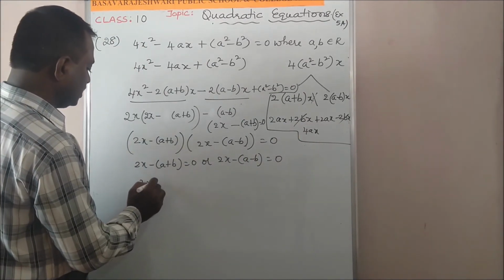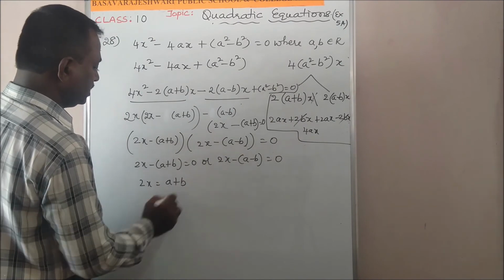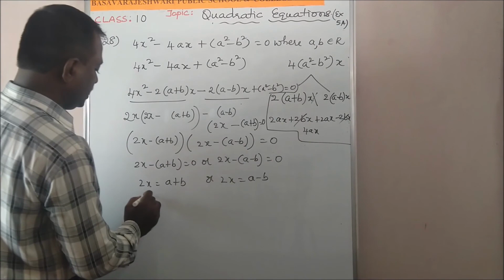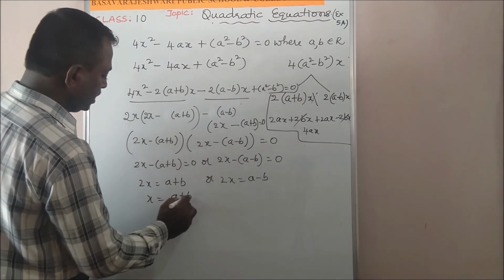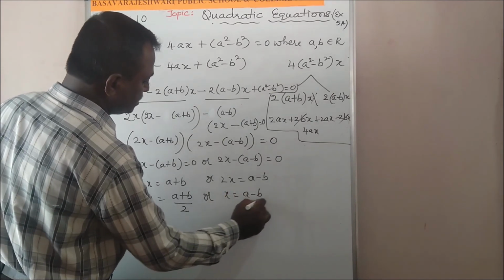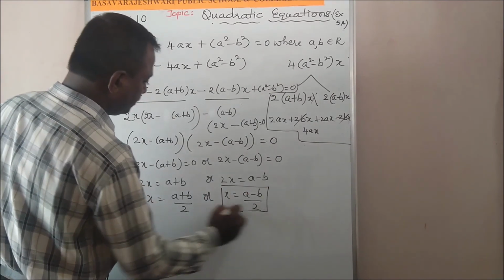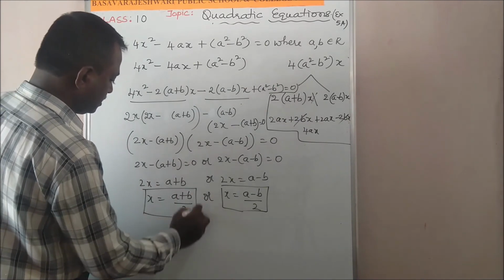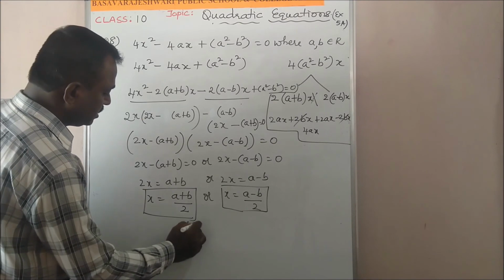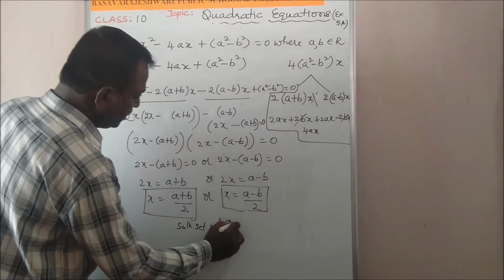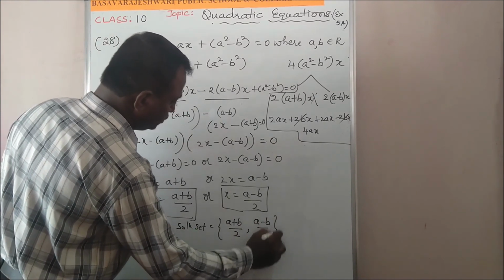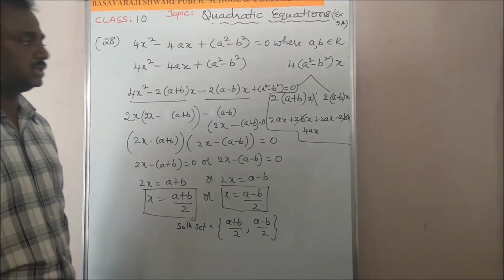So 2x is equal to a plus b or 2x is equal to a minus b. X is equal to a plus b by 2 or x is equal to a minus b by 2. Okay? So two factors. Therefore, solution set is a plus b by 2, a minus b by 2. So these are the solution set. So note down this.